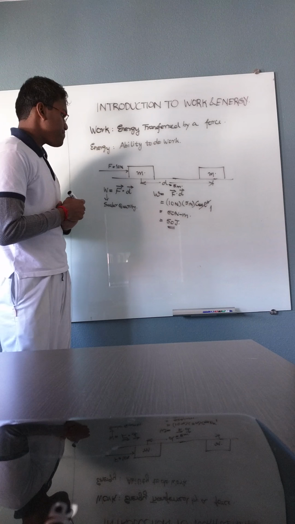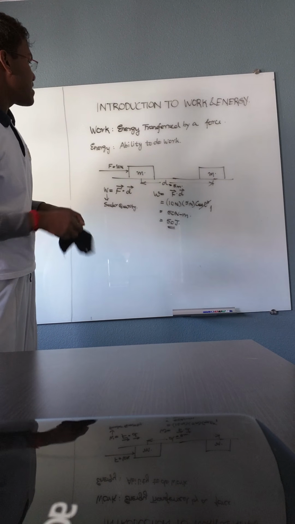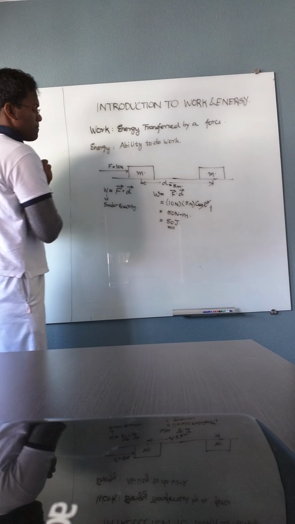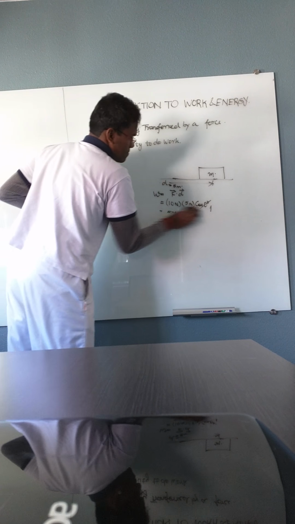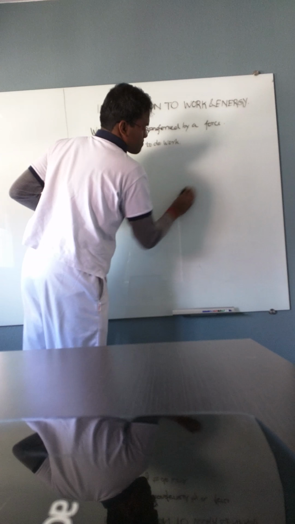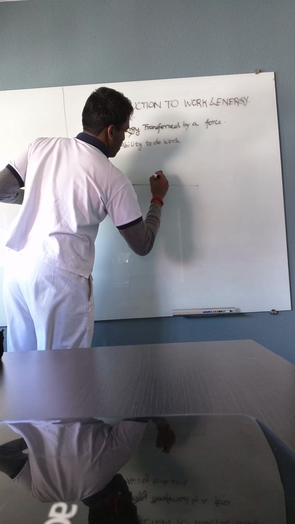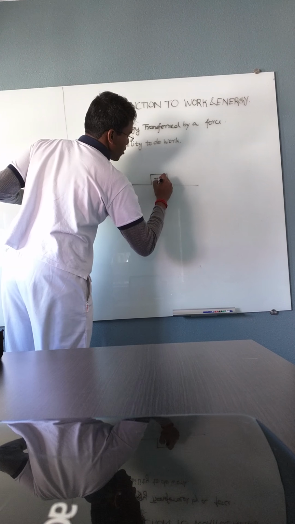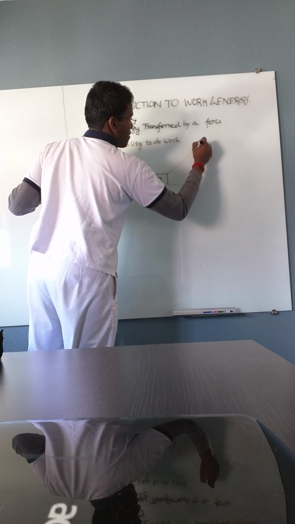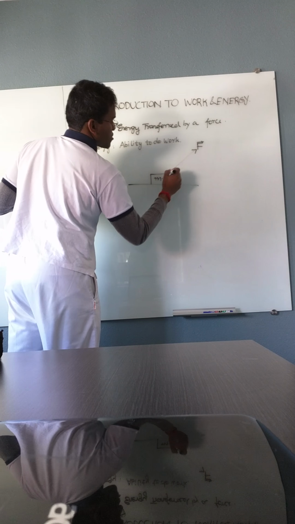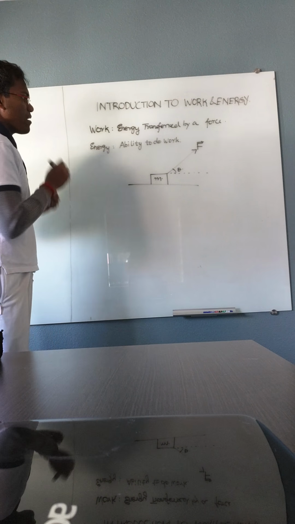Now suppose the force was acting at an angle theta to the displacement. How would the expression of work be different? Let's look at that. Suppose we have a mass m here, a stationary object, and we attach a string, and let's say we are pulling it in this direction with a force F at an angle theta.